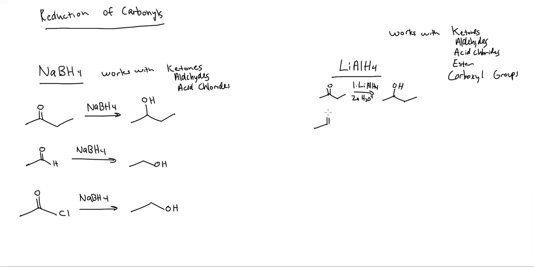If I get this, then it's also going to turn into an alcohol. And then finally, it is also going to work with this acid chloride. So lithium aluminum hydride works with all of these.